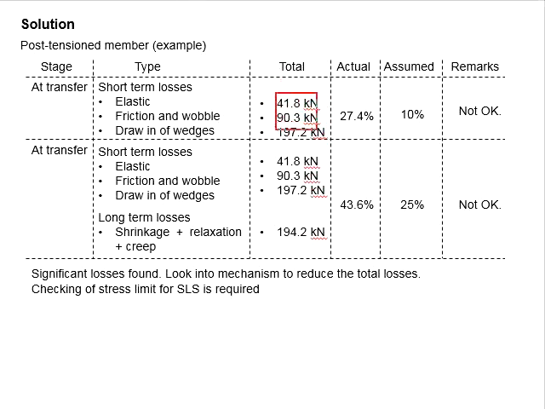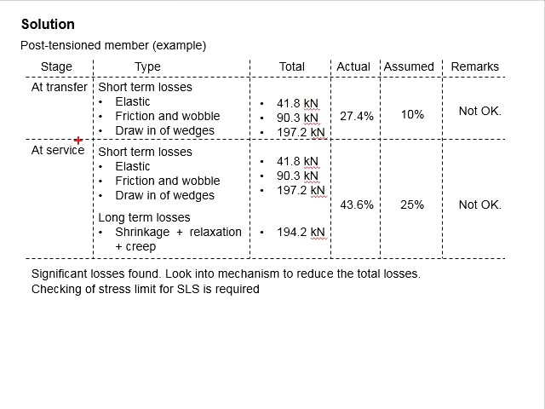The summation of the short-term losses here will be equal to 27.4%, which is much greater than the assumed value of 10%. That means we have already underestimated the short-term losses, and the assumed value is not acceptable. Definitely we will have to check for the stress limit for the serviceability limit state.